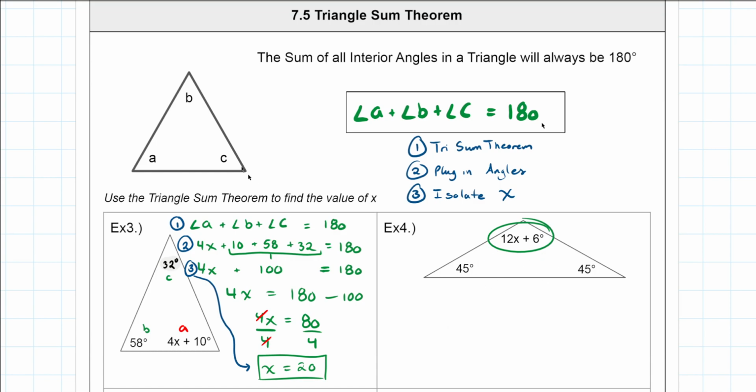Let's do it again over here. Start with the first step. Angle A plus angle B plus angle C equals 180. I'm going to plug in my angles once again.